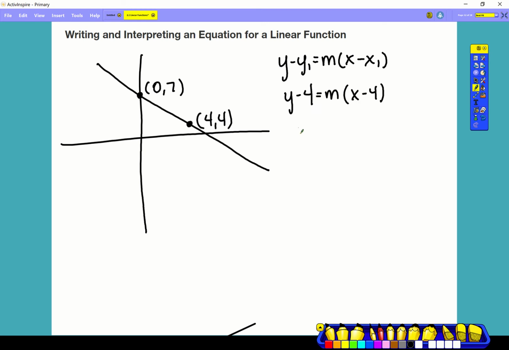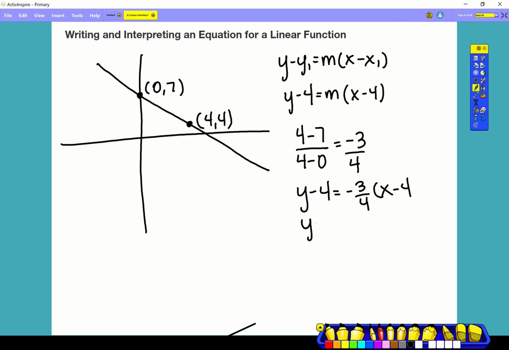Now all we have to do is find the slope. So 4 minus 7 divided by 4 minus 0. Negative 3 divided by 4. So y minus 4 equals negative 3 divided by 4, x minus 4.